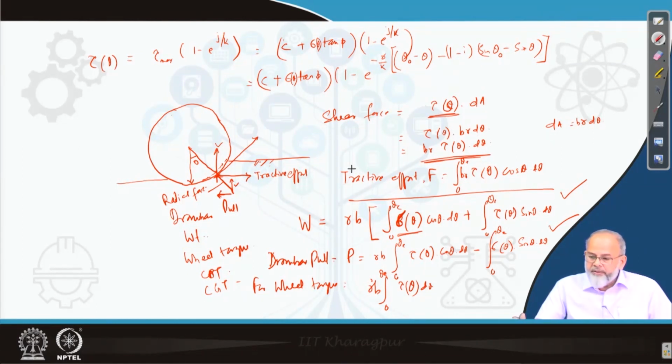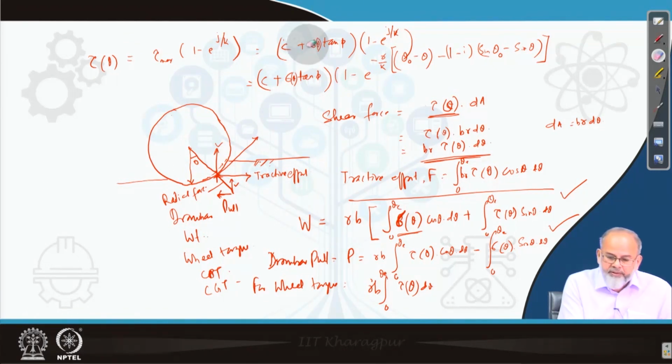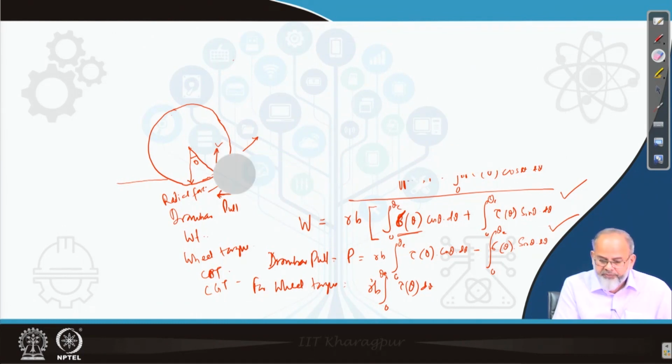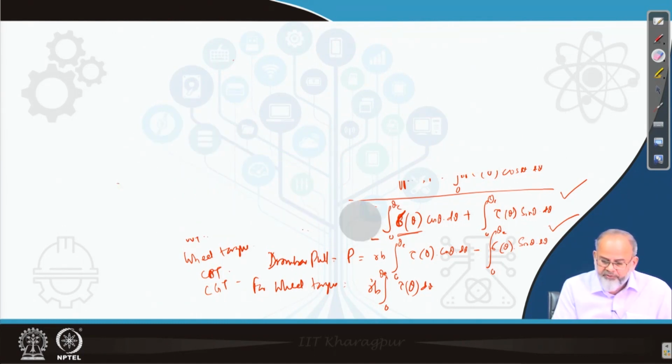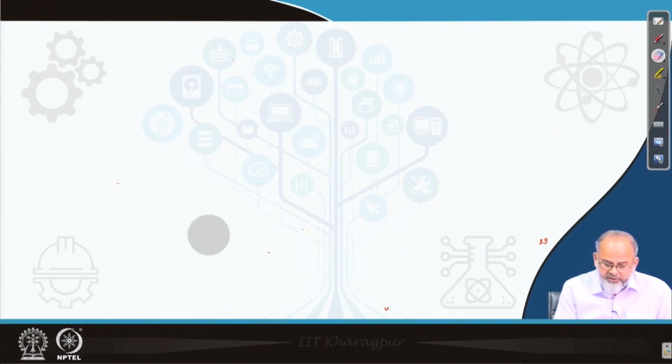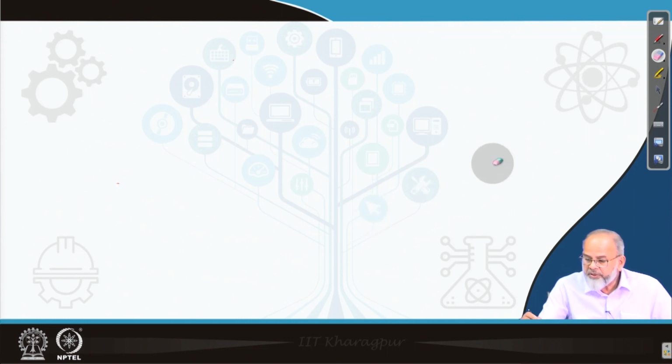Now, Wang, the scientist, found out the shear stress and normal stress distribution, measured it and derived it from this formula, and what he observed is a very interesting thing.